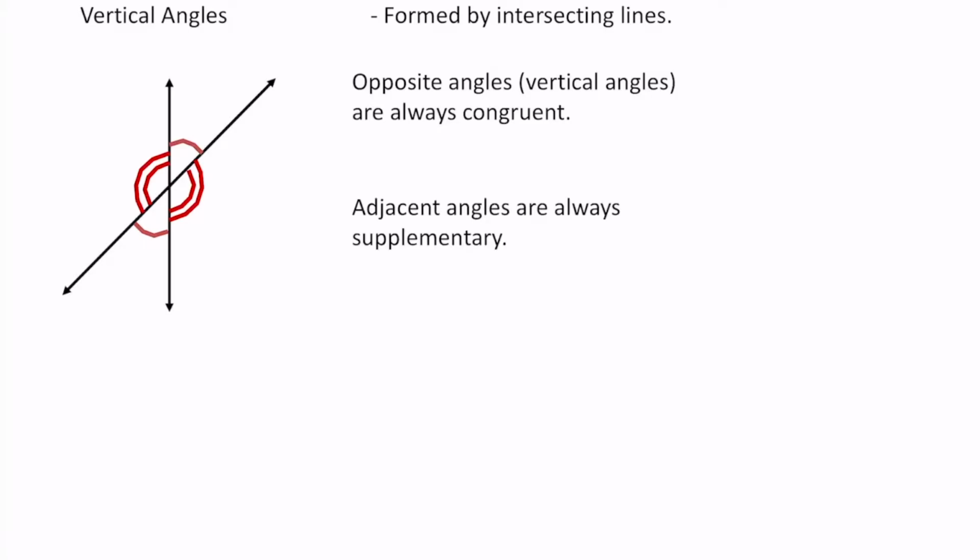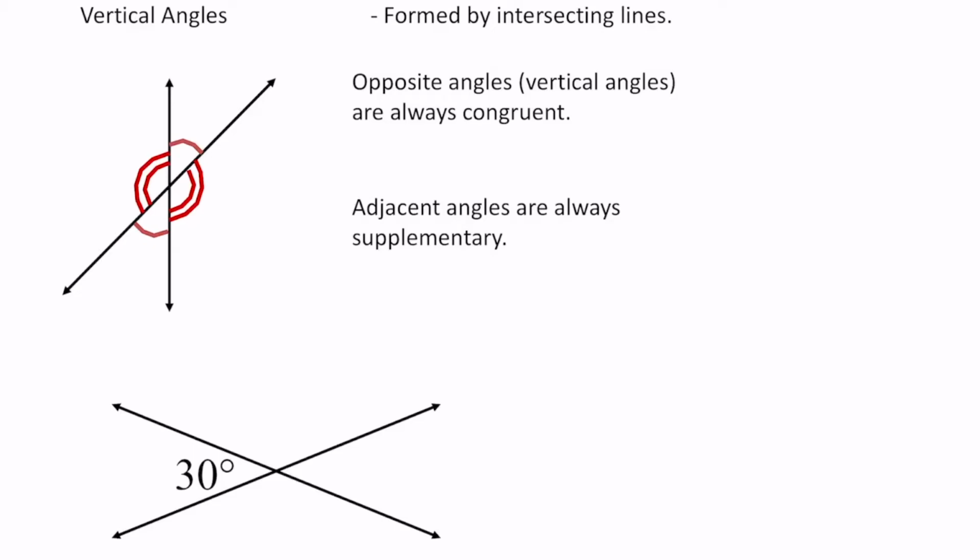And adjacent angles are always supplementary. We kind of knew that. Adjacent angles when two intersecting lines. They're always supplementary in this case. So we're right next to each other. They're going to be supplementary. If you forgot what supplementary means, that means they add up to 180 degrees.